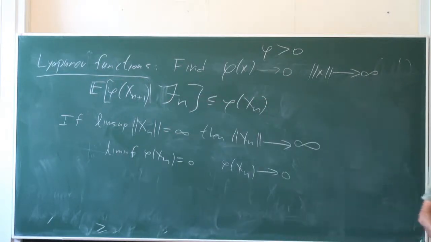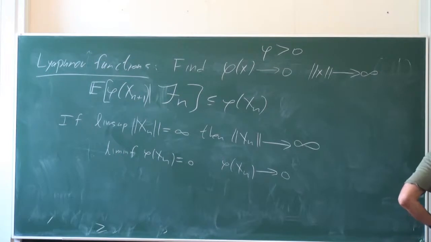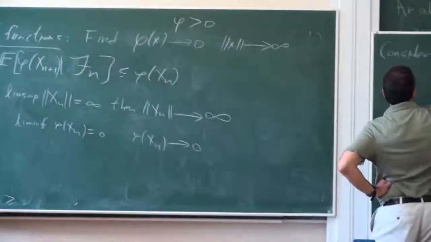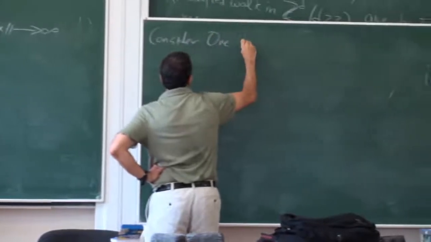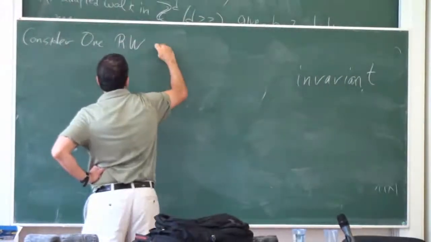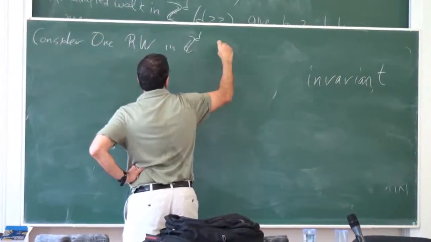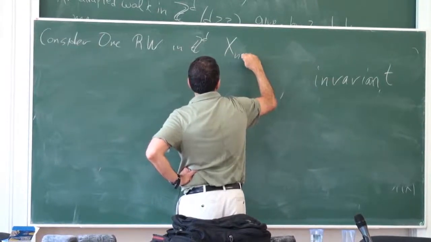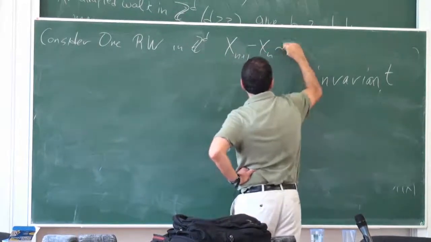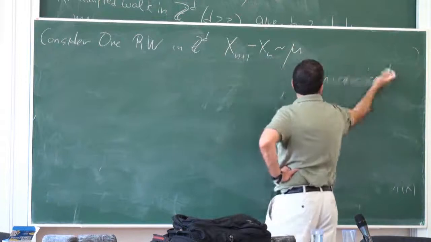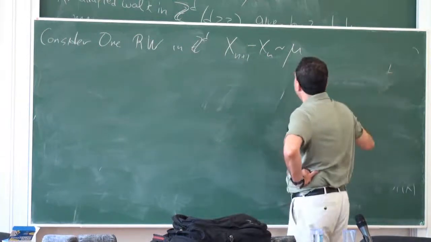So let's first apply this in the standard case of one random walk. First consider one standard random walk in Z^d where the increment, X_{n+1} minus X_n, has some law mu.